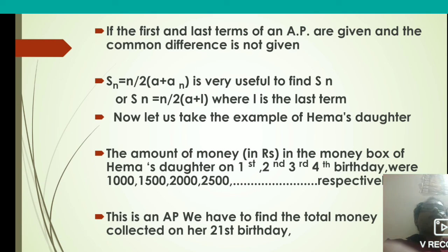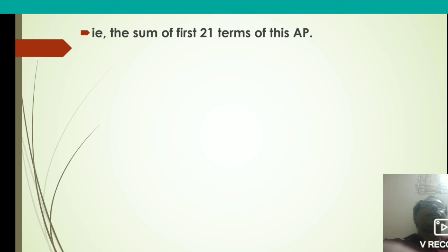By observing the above progression, this is an AP. Already I said, it is gradually increased by a constant number, that is 500. So this is an AP. We have to find the total money collected on her 21st birthday, that is the sum of first 21 terms of this AP.